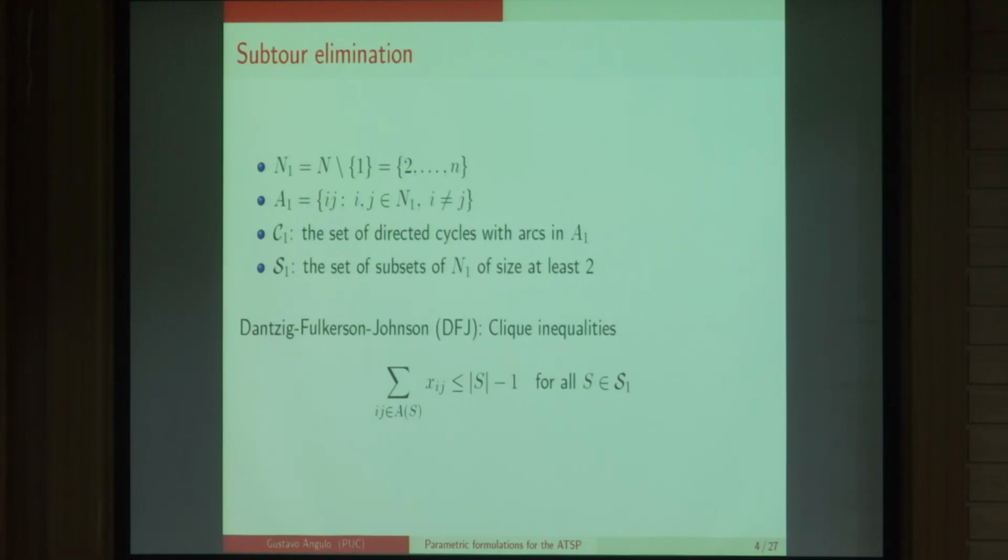Okay, so probably the most classical formulation for the TSP is the Dantzig-Fulkerson-Johnson formulation, which has an exponential number of inequalities, which are called the clique inequalities, that have this form saying that for all subsets of nodes, or most of them, if we consider all the arcs connecting the elements of S, and we count the number of arcs between these elements, that cannot be greater than the number of elements minus 1.